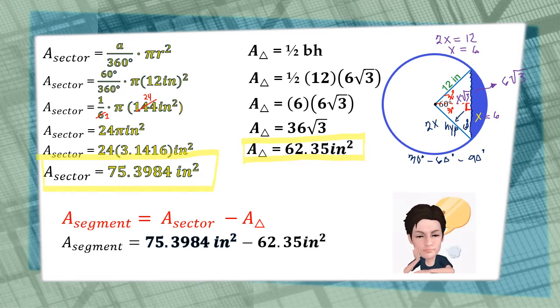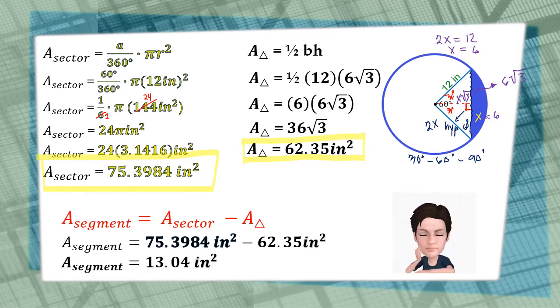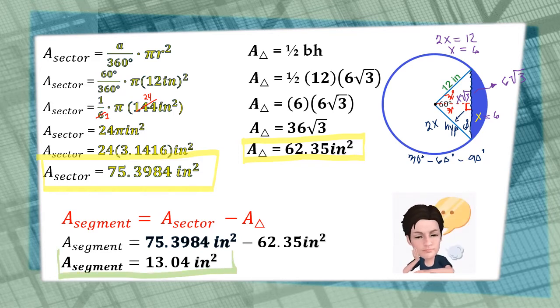Subtracting these two areas, we have the area of the segment equal to 13.04 inches squared. And this is our final answer for this problem. And we are done.